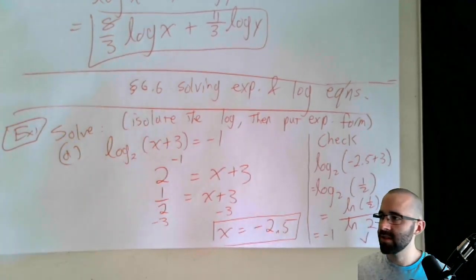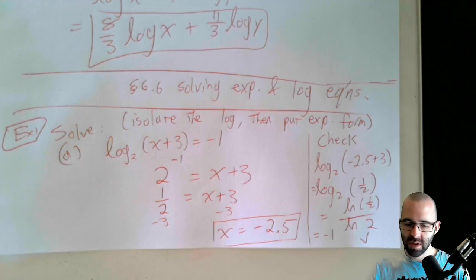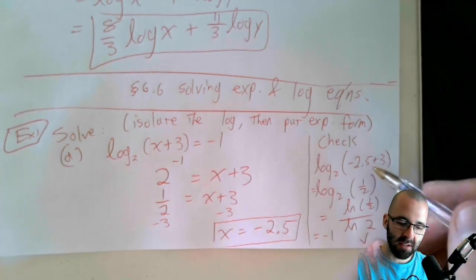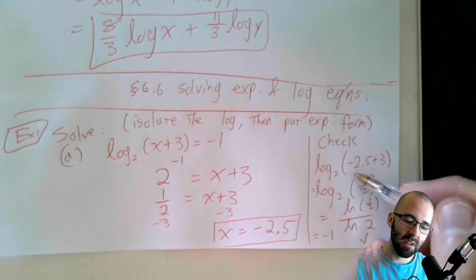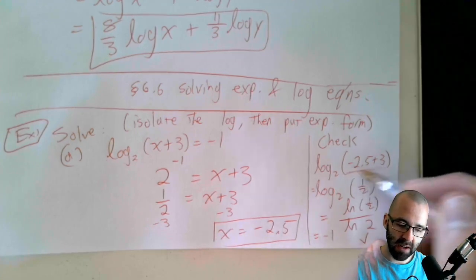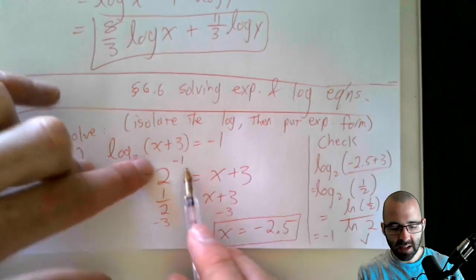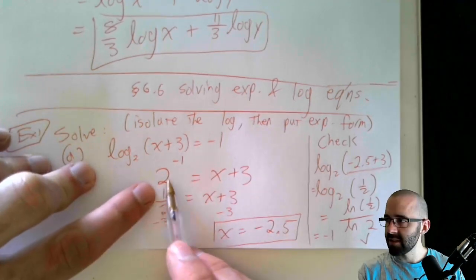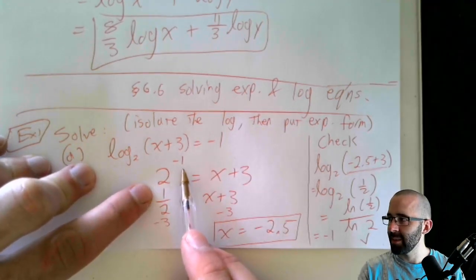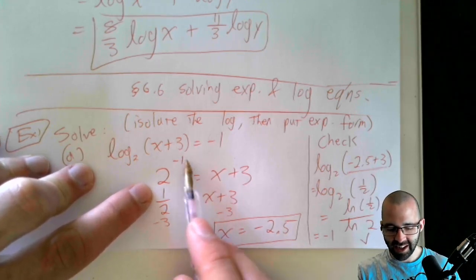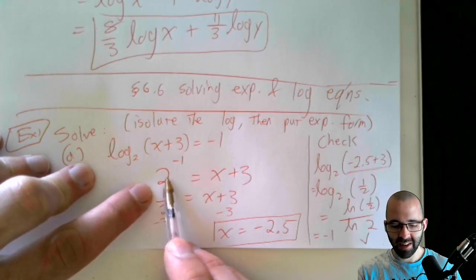So we know our answer is correct. Why does the 2 turn into a half? So it's the -2.5 plus 3. This becomes 1/2. This exponent is really far away, but it's 2 to the -1st power. Sorry, Gabe. This is an exponent right here. It looks like it's flying away, but it's attached.